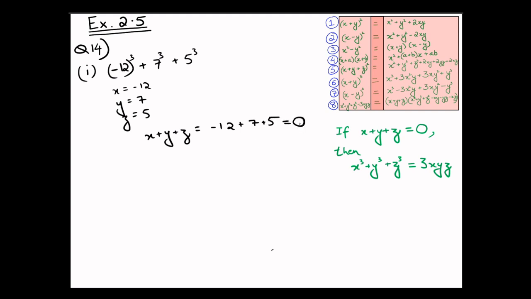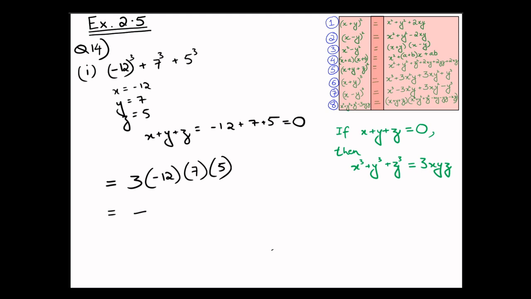And if that happens, then the sum of the cubes of these, which is what we need to find out in the question, becomes equal to 3 times xyz, or 3 into minus 12 into 7 into 5. And we can calculate this by simple multiplication, and we'd have our answer without calculating the cube.